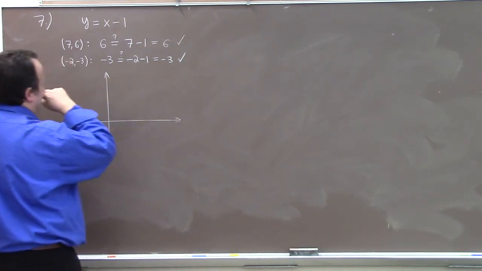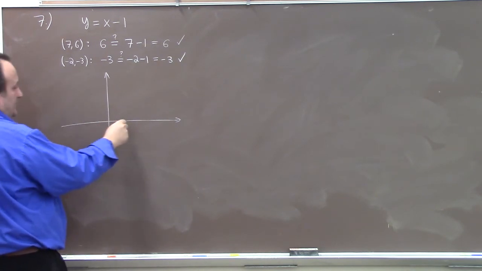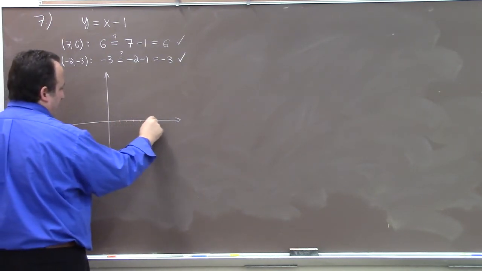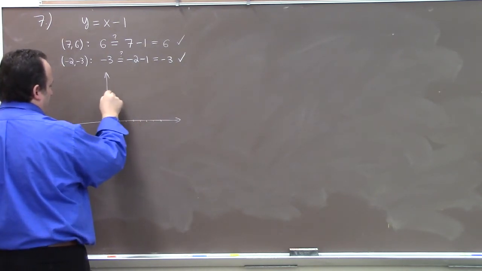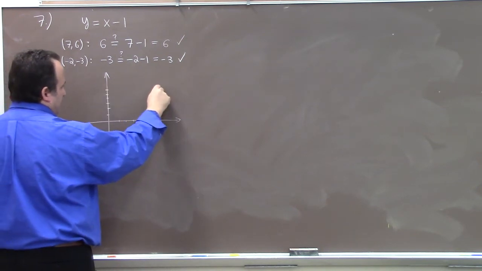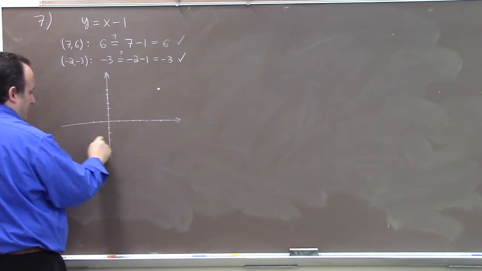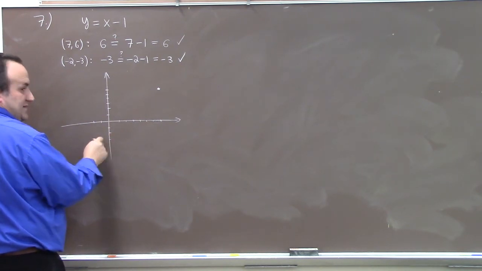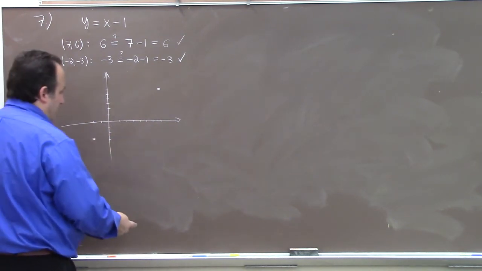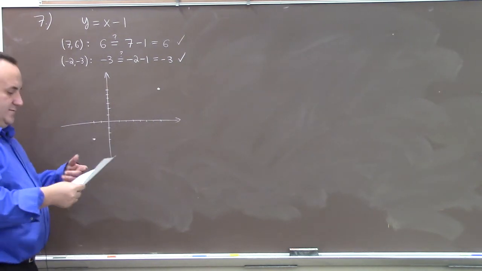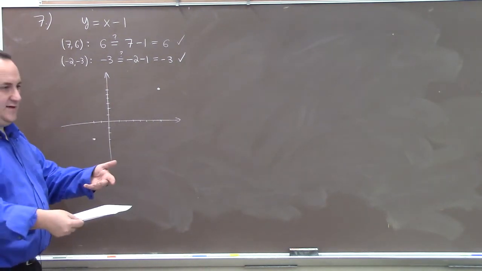There are different ways to go about this. So (7, 6) would be here-ish, and (-2, -3) is here, as best as I can do on the chalkboard. The review sheet gave you an axis here.